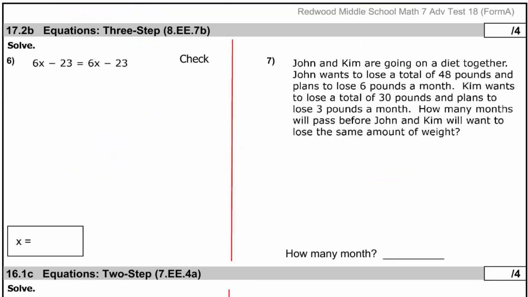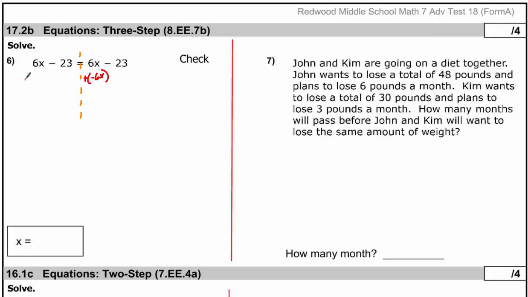So we are on the back page, and this was one that really had you asking a lot of questions. So let's set it up just like we would set things up. We've been talking about how we get rid of the x's.